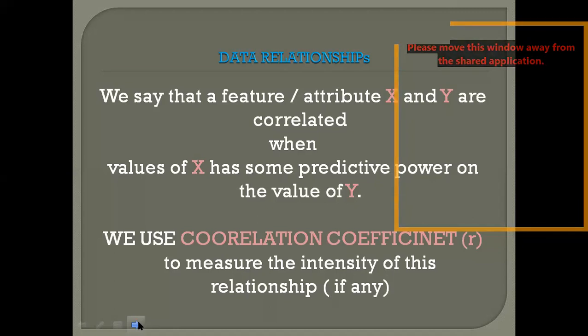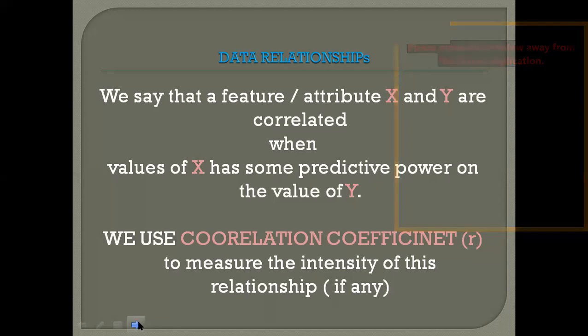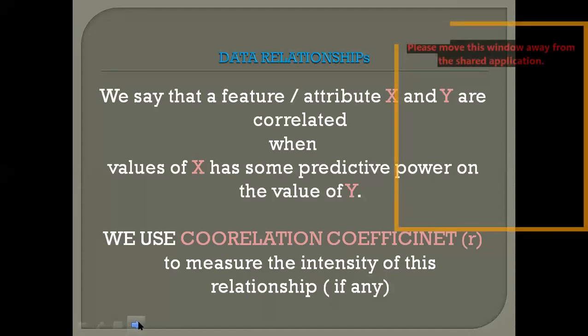Okay, we use the correlation coefficient to measure the intensity of this relationship. So, for example, we have different intensities of relationship for humans as well. So we have different intensities of relationship among different features or data variables as well. It's not just that someone is related, but what kind of relationship they have is important, right?